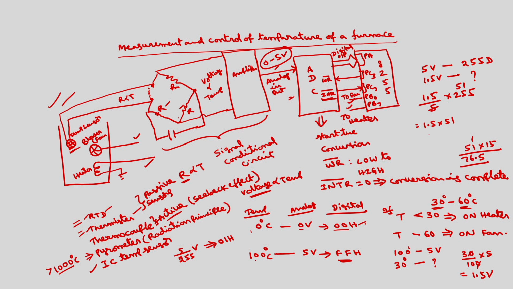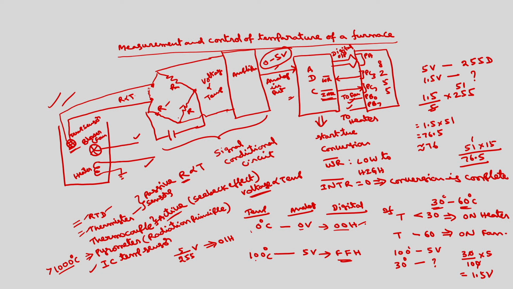This corresponds to 76.5. Either you can take the decimal value, or you can take 76 or 77, it's up to you. Let us take it as 76, because to convert this decimal number into hexadecimal, we need an integer.